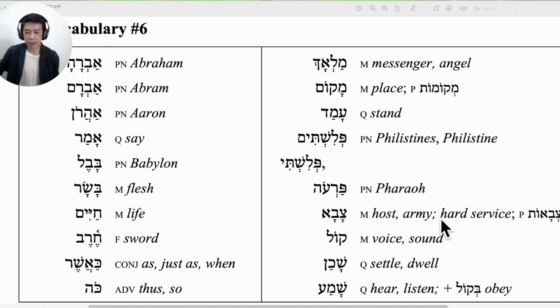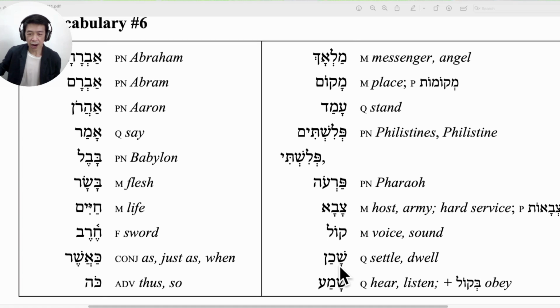The next one is voice or sound. In Hebrew, it's pronounced as kol. The next word is settle or dwell. In Hebrew, it's pronounced as shakhan.